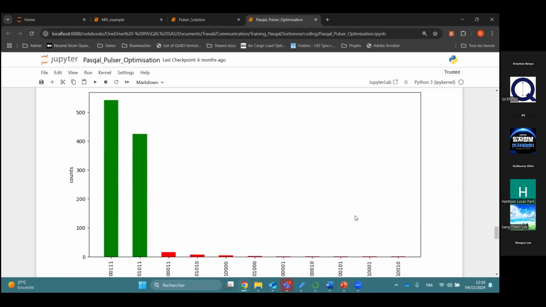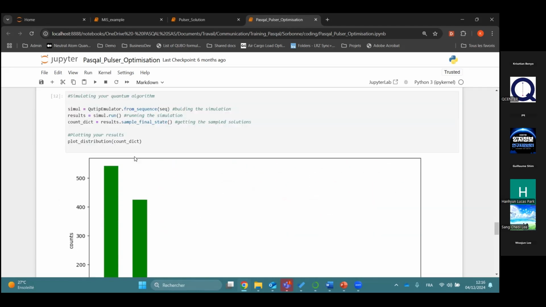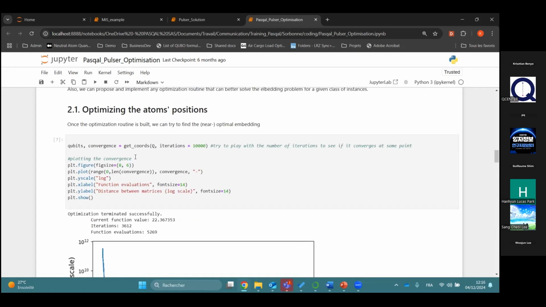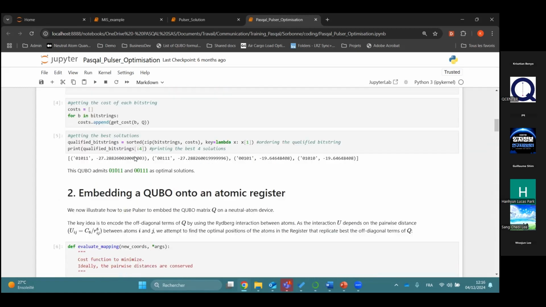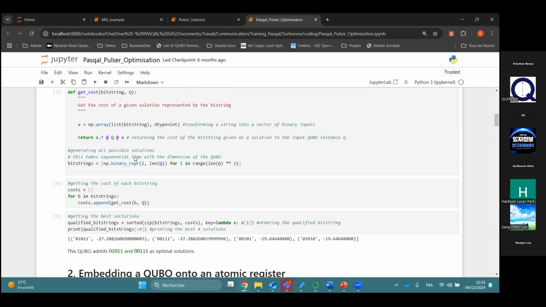And what I can see here is that the solution itself, I should have changed the colors because I switched from red to green, but there are essentially two solution candidates, 00111 and 01011. Do they actually correspond to the classical reference solution? Well, I have computed for that.